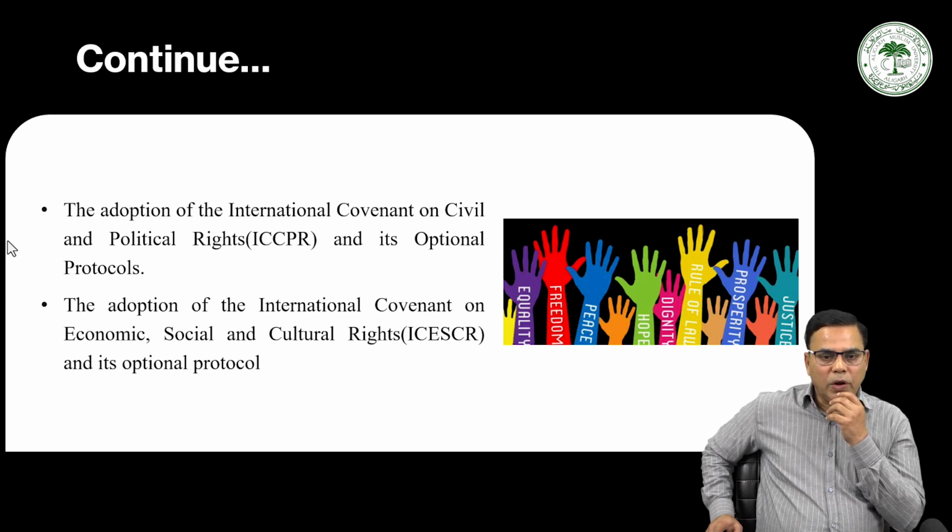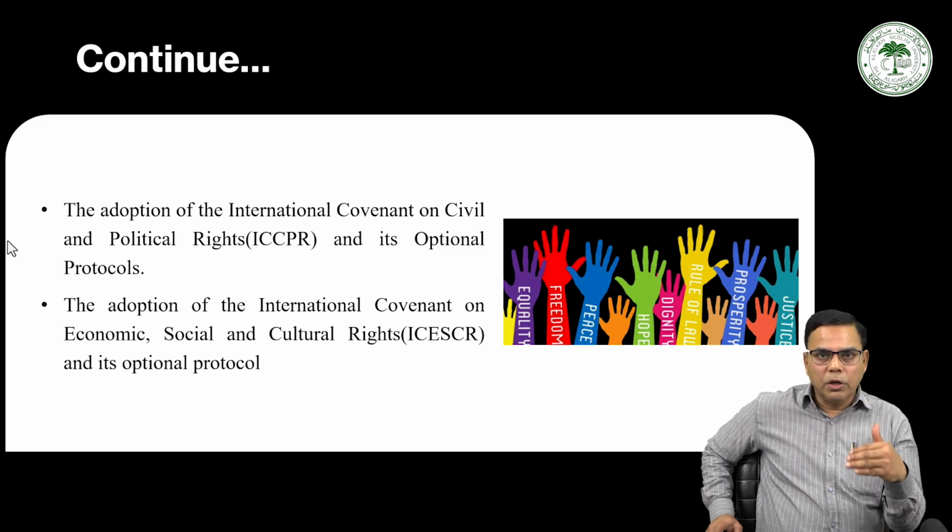On the other hand, the implementation of the provisions of the ICESCR, that is economic and social rights especially, needs enormous resources, and that is why all the states would not agree to such a treaty or covenant which was going to be binding upon them. At the same time, they did not have adequate resources to implement these provisions.